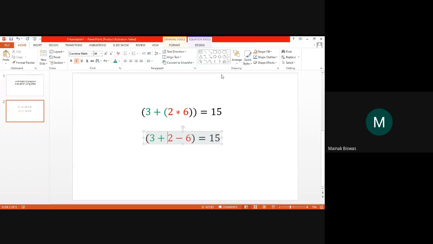In that case, the expression is done from left to right. In this case, it is basically left to right. First, 3 plus 2 is 5, 5 minus 6 is minus 1. So we have come to know this.